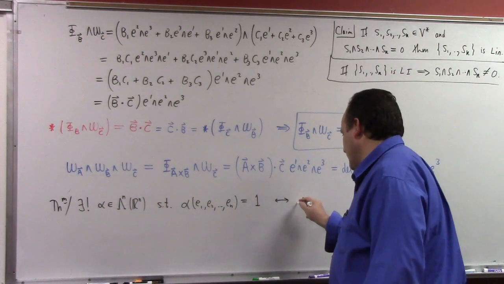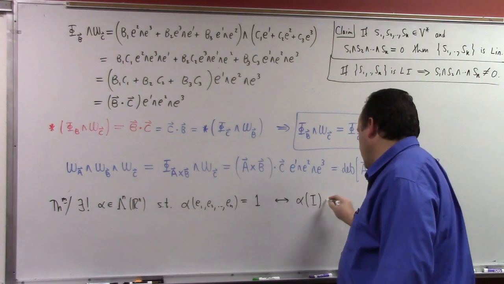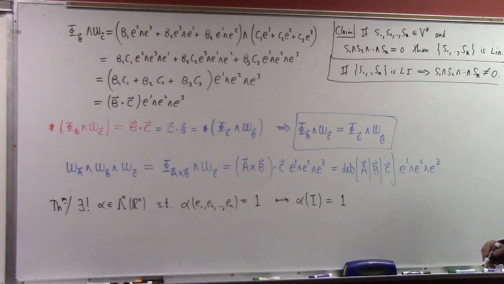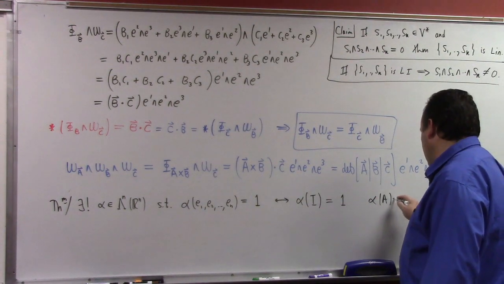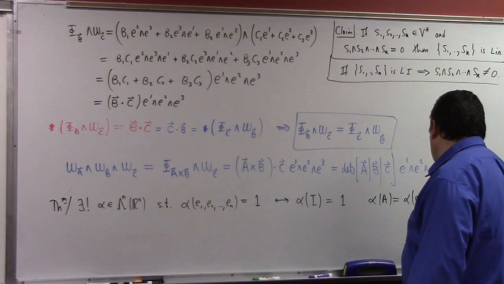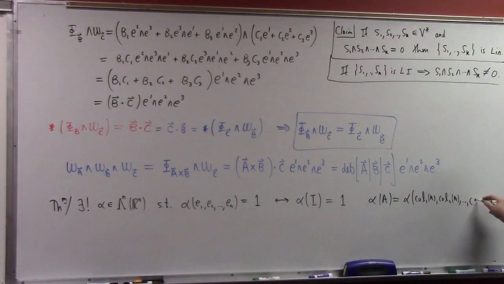So you could think about that really as alpha of the identity matrix equals 1. If you'll allow me that abusive notation, we're identifying alpha of A with alpha of the first column in A, the second column in A, up to the nth column in A, for that n-form.